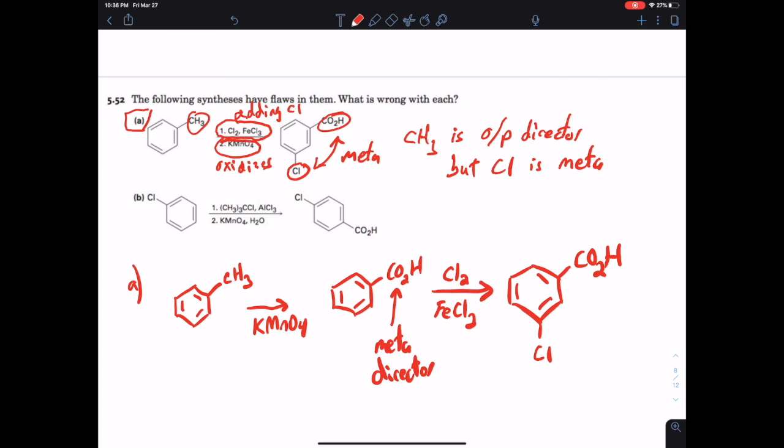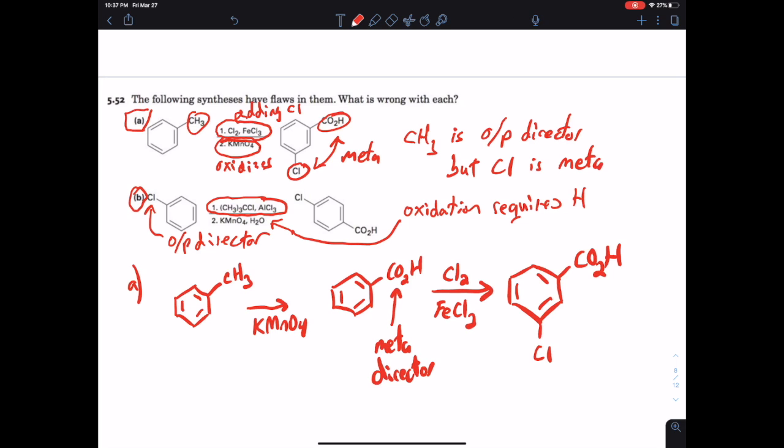Now for B, we are adding an alkyl group, and chlorine is an ortho-para director. So that looks like it was added para, and that works out well, but the problem is actually here. When we go to oxidize, we need a hydrogen on the carbon.